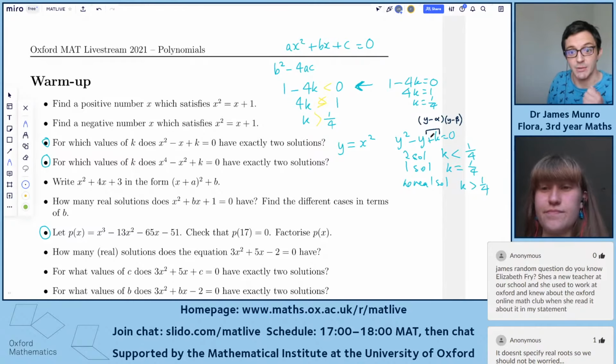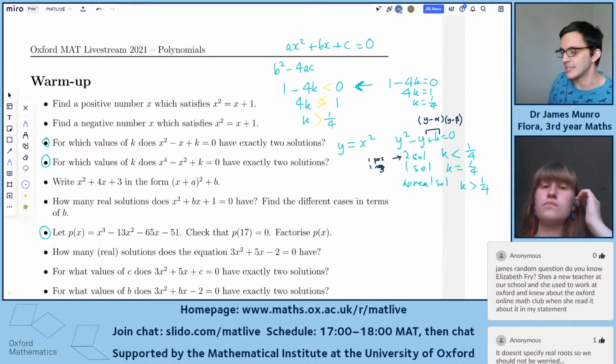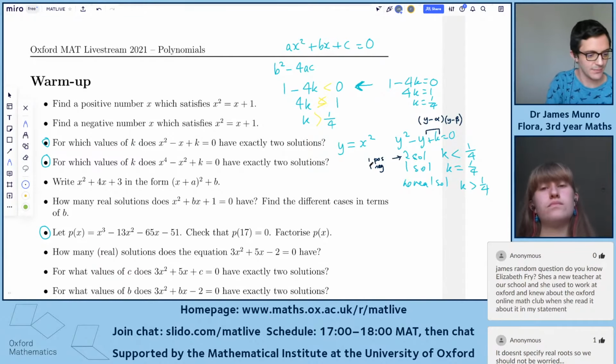And here the constant term is positive, so I know that I've got one positive solution for y and one negative solution for y. The positive solution will give me exactly two solutions for x, and the negative one won't give me any solutions for x.